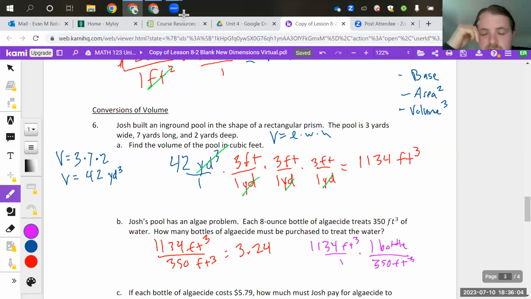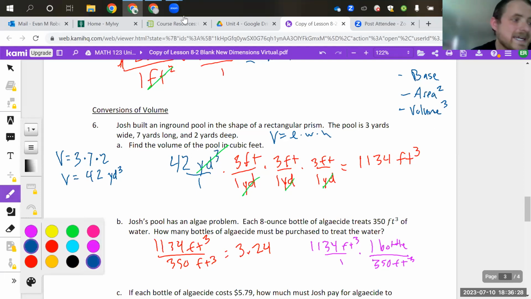That works as well because it's 1 bottle per 350. Again, that per situation gives us the fraction bar. The purple is more like the nerdy way. Most people aren't going to actually do the purple way. The red way is going to be like if you're sitting at the store trying to figure out how many bottles you need, you're going to probably do the red way.